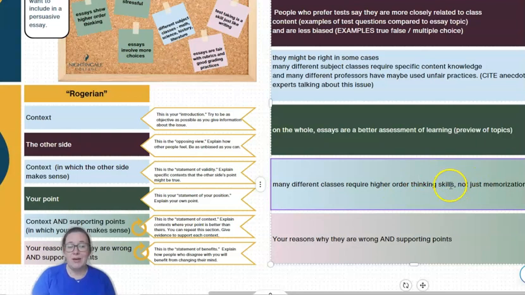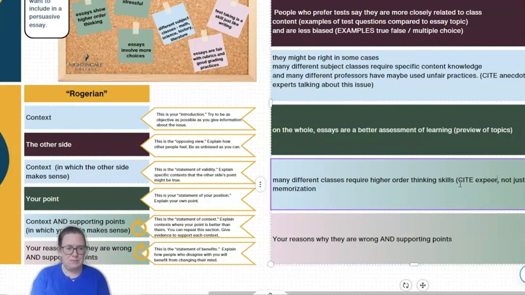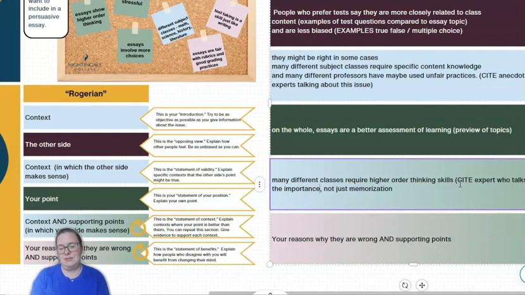I'm going to talk about higher order thinking skills, and I'm going to cite an expert who talks about the importance of evaluation, and critical thinking skills, and not just memorization.